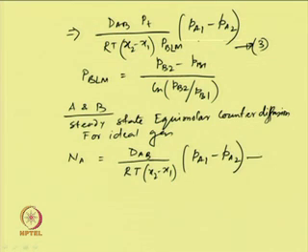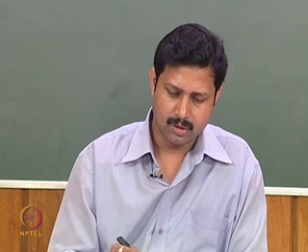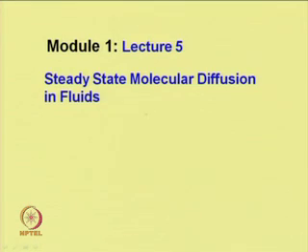So, this is a quick review of our previous class, where we considered diffusion occurring through the constant area of the system. Today we will discuss steady state molecular diffusion in fluids.